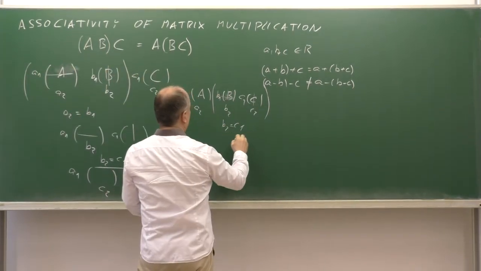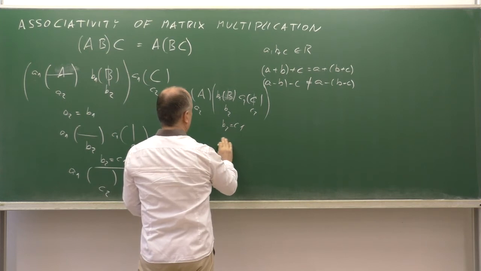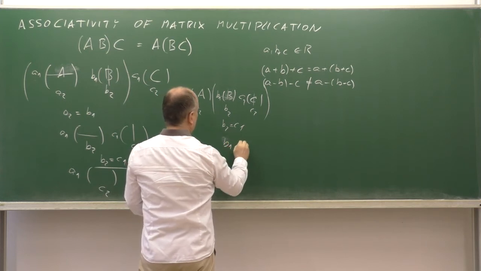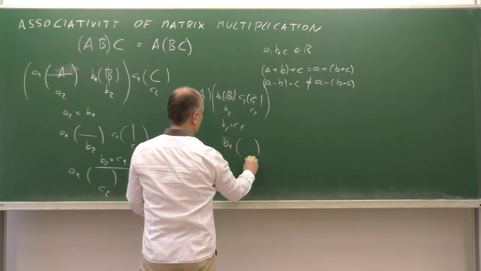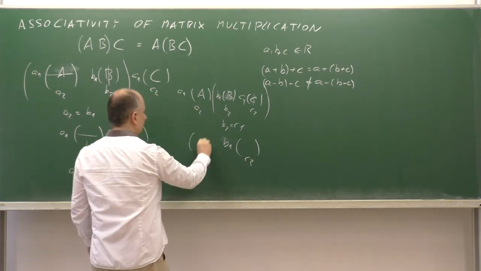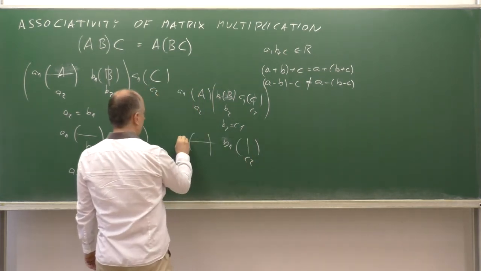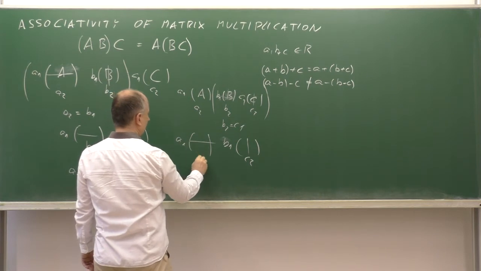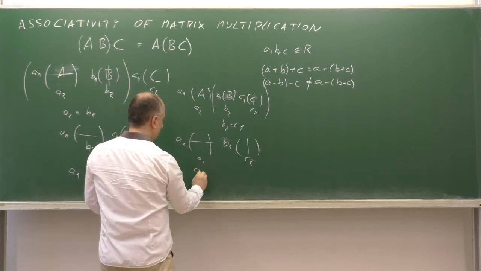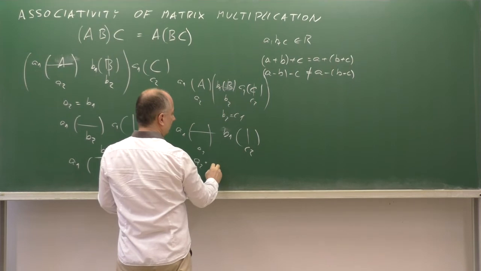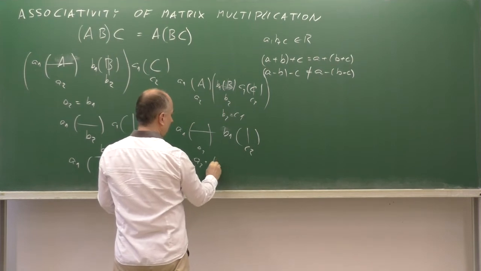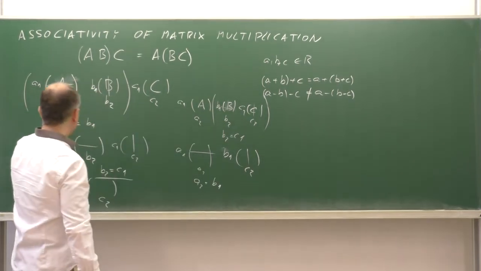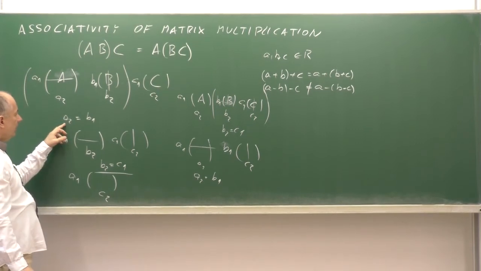Then this matrix is of size B1 times C2, and for this product to make sense, A2 must be equal to B1. But this is exactly the condition that we have seen here.